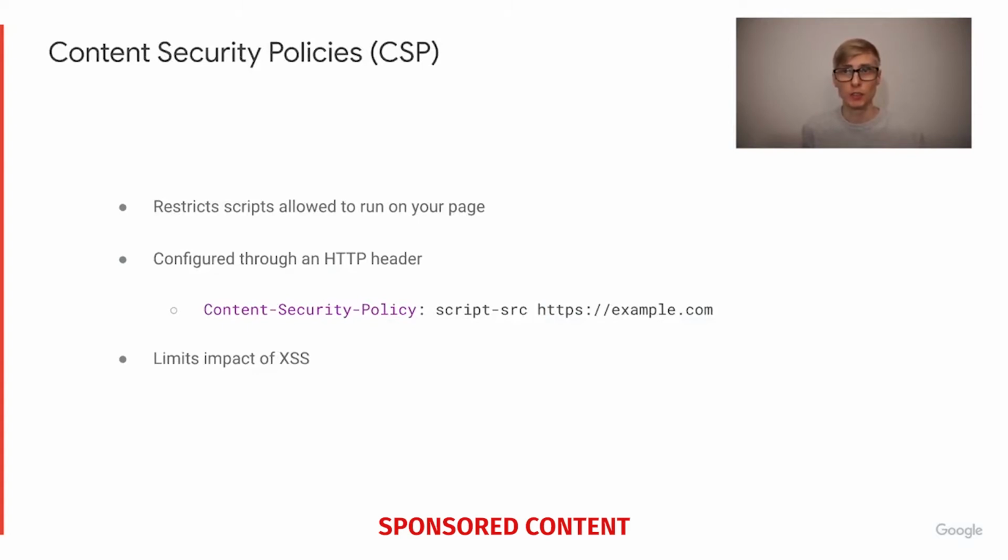Expanding a bit on content security policies, they allow you to restrict which scripts are allowed to run on your page. They are configured by having your web server send an HTTP header. For example, a content security policy header with a value of script-src example.com will make the browser block execution of any scripts that are not loaded over HTTPS from example.com.